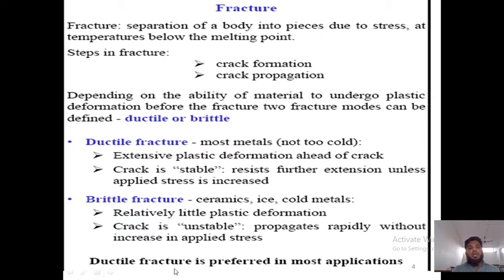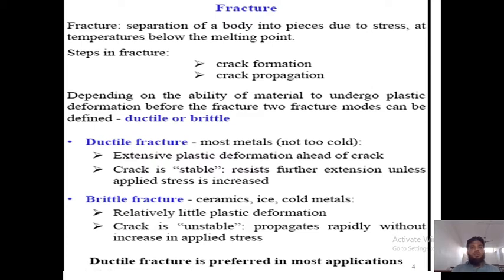Because if you use plain glass and a person walking on a road comes and hits the glass directly, the glass will shatter into pieces, and those pieces may go into the driver's eye. To avoid that, the glass is added with some amount of plastic so that it can be made into a ductile fracture.